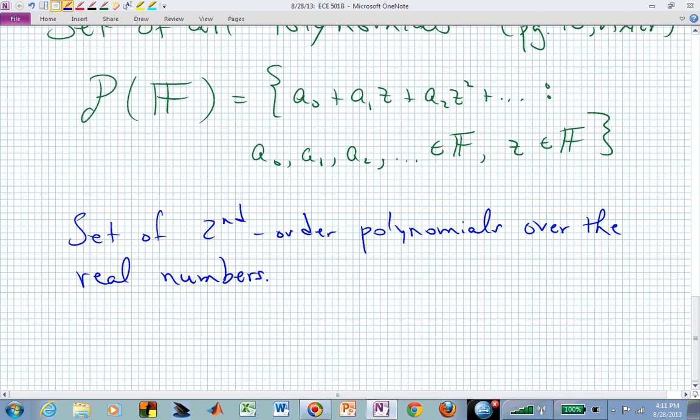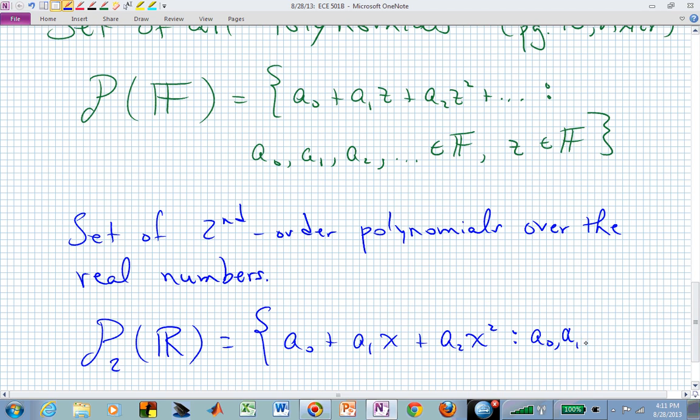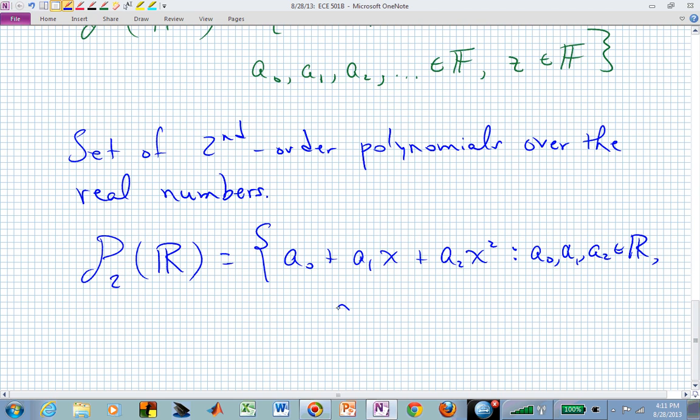In this case, we now have this script P sub 2, and it's pulling the functions x from the real numbers. And now we are looking at a sub 0 plus a1x plus a sub 2x squared, where a sub 0, a sub 1, and a sub 2 are coming from the reals, as are these x's.